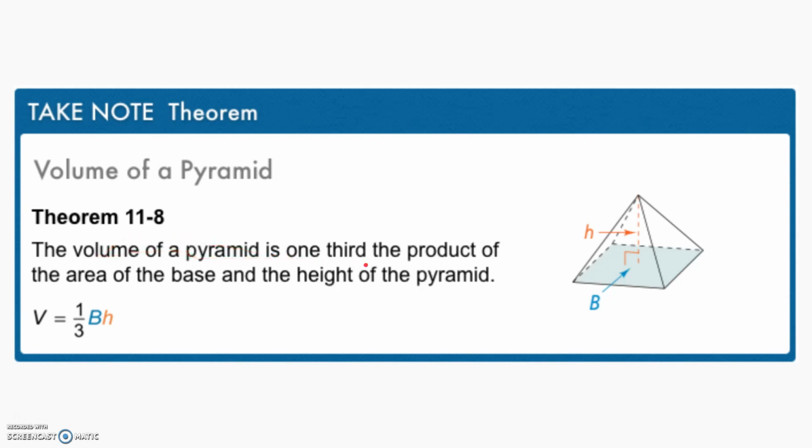So the volume of a pyramid is going to be 1/3 the product of the area of the base times the height. So it's almost like we cut out 2/3 of the prism, right? Everything goes to a point, so we cut out 2/3 and we're left with 1/3 BH. I want you to remember that 1/3 because it's going to come back later.